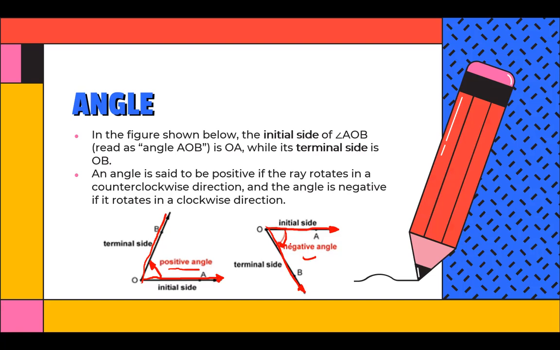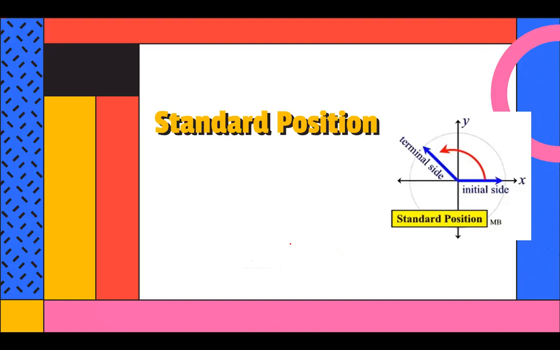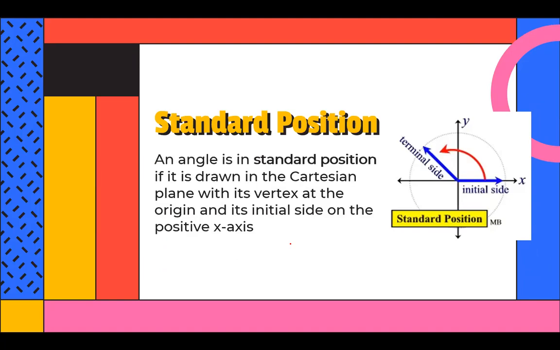Next, it is also important for us to know if our angles are in standard position, because later, when we solve for the reference angle and the coterminal angles, our angles must be in standard position so that we can solve for them directly. So how do we know if our angle is in standard position? An angle is in standard position if it is drawn in the Cartesian plane with its vertex at the origin.